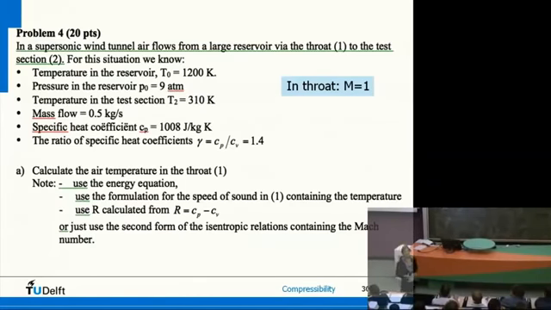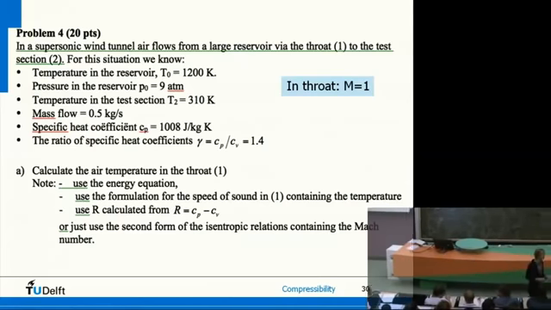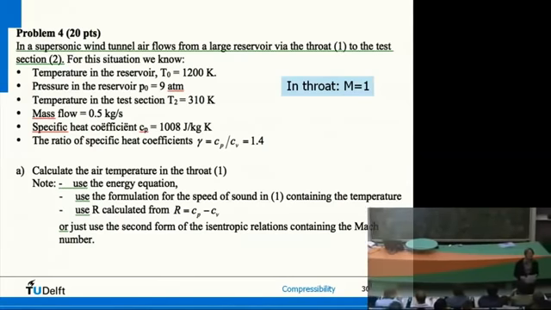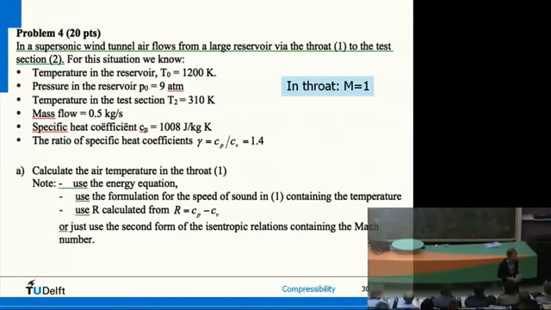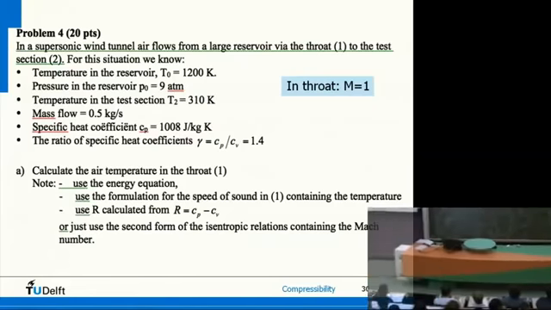Any ideas? Think. What information do we have? Well, we can calculate R, and that's the speed of sound, so we have the velocity in the throat. R. Yes. Okay.